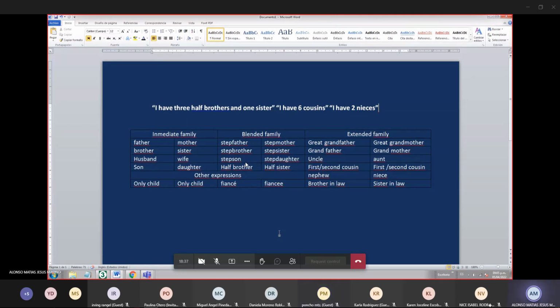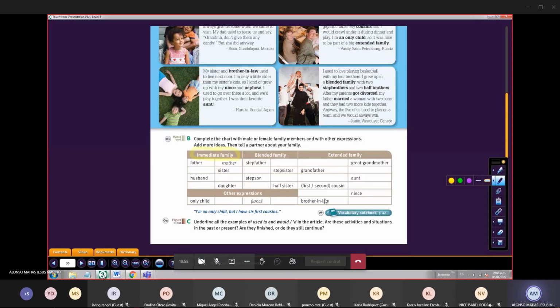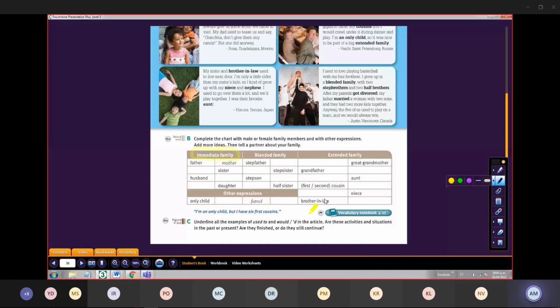Okay, thank you very much. So those are examples of sentences showing us family members: immediate family members, blended family members, or extended family members. Thank you. Let's get back to the book, and we are going to do activity C.